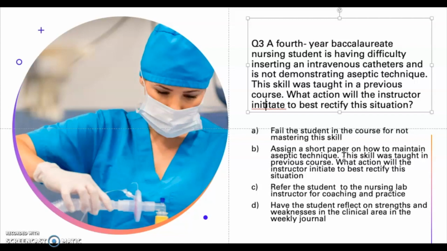B. Assign a short paper on how to maintain aseptic technique. C. Refer the student to the nursing lab instructor for coaching and practice. D. Have the student reflect on strategy and weaknesses in the clinical area in the weekly journal.